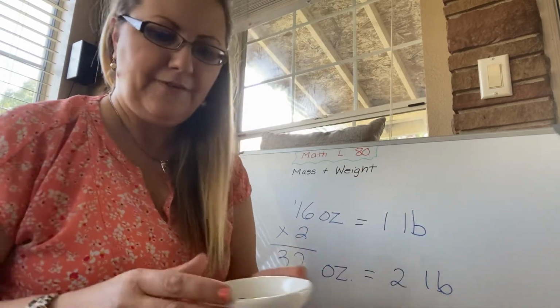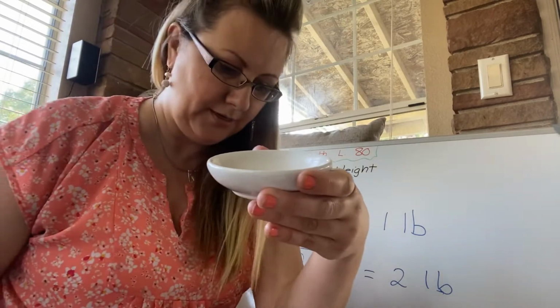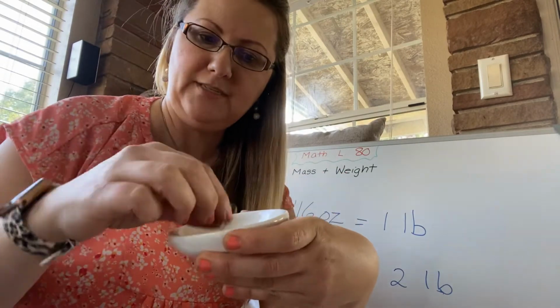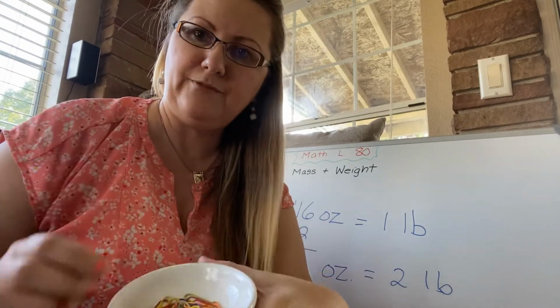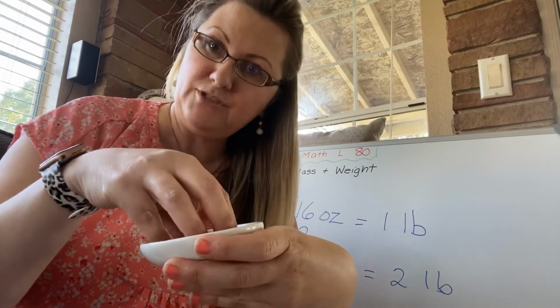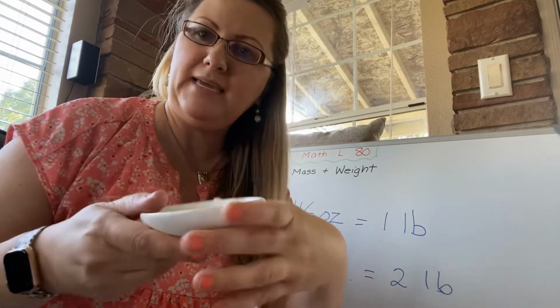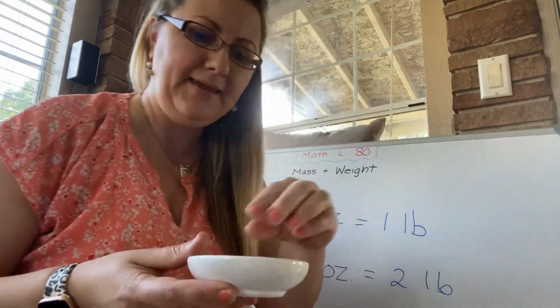Okay, now if I had, instead of 1 of those, 28 small paper clips, you can see I have some colorful ones, purple and red and blue and different ones. So 28 grams would be equal to 1 ounce.